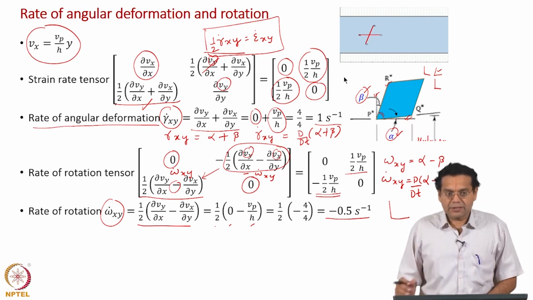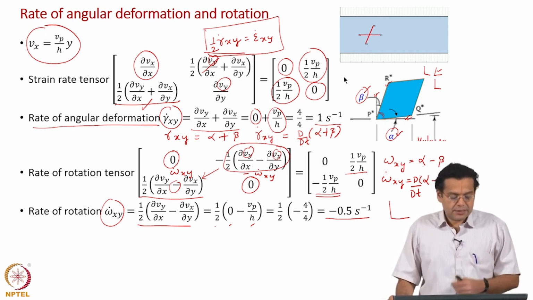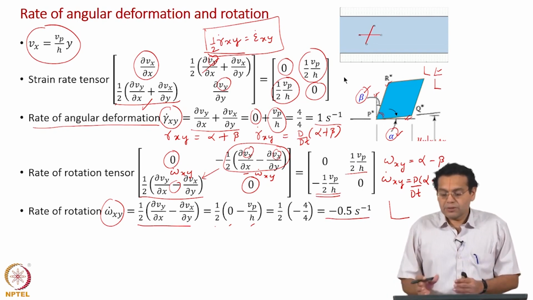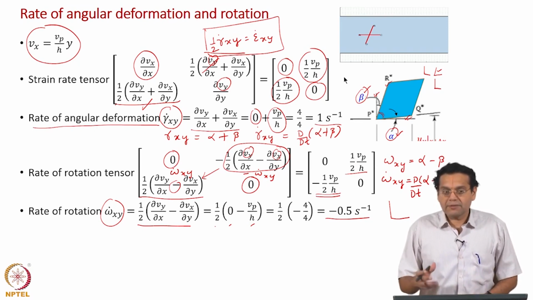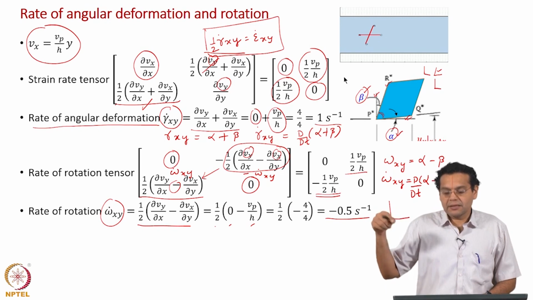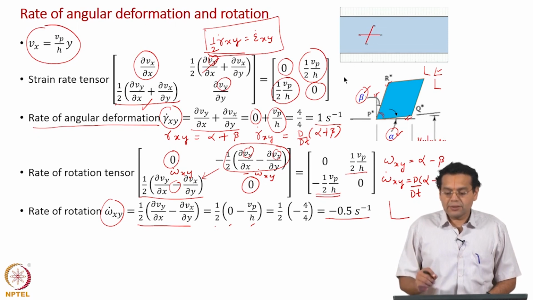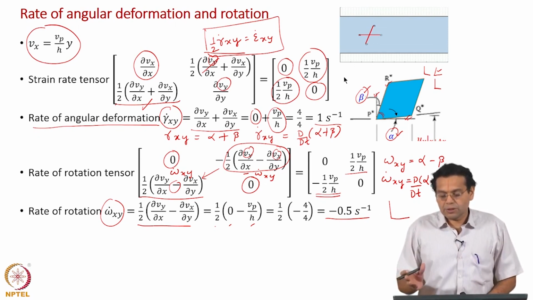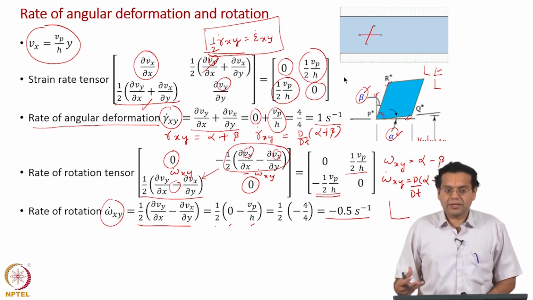Normal strain rate, of course it is 0 in this particular case, and it is a combined representation of normal strain rate, shear strain rate and rotation rate. What you see is a combined effect, you do not see individual effects there, because we calculated them using the velocity field, something equivalent to calculating using the velocity gradient tensor, not using the strain rate tensor or the rotation rate tensor. Hence, what you see is a representation of all the rate of deformation and the rate of rotation, okay, that should be kept in mind.